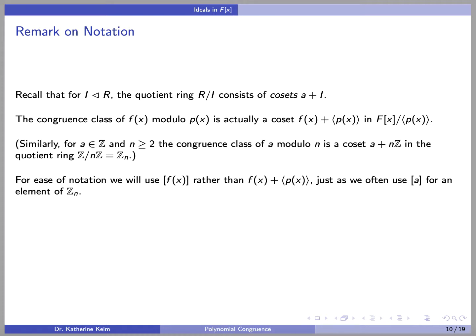It's actually a coset a plus nZ in the quotient ring Z mod nZ, which we usually denote by Zn. But for ease of notation, we will use the congruence class notation with the brackets rather than the coset notation, just as we often use the bracket notation for an element of Zn.